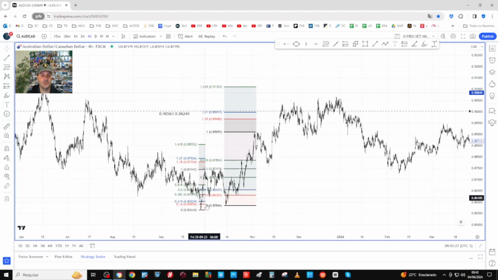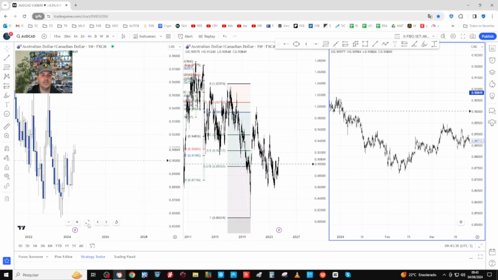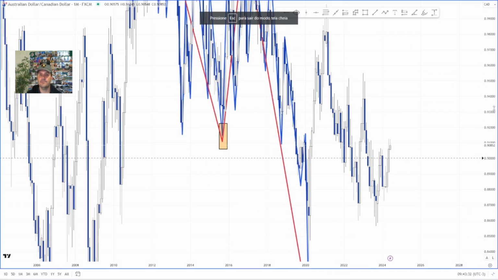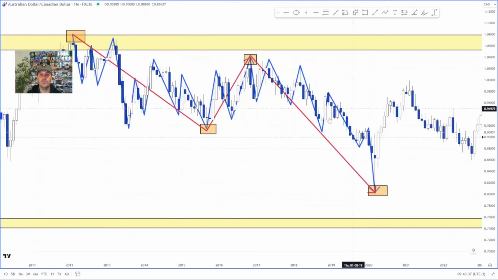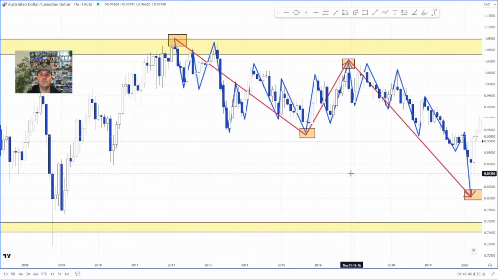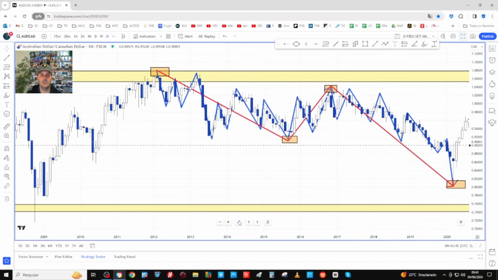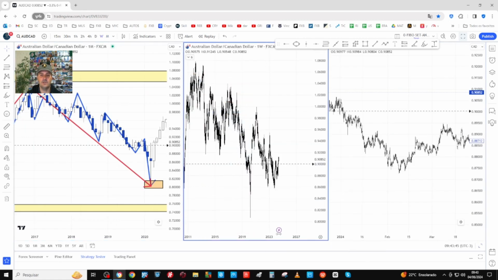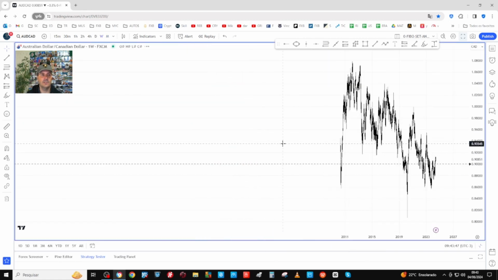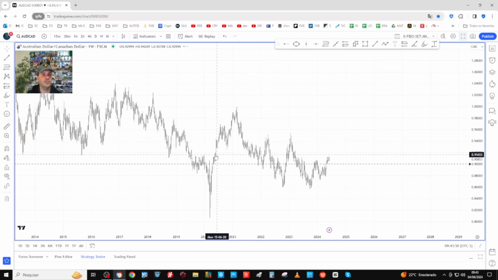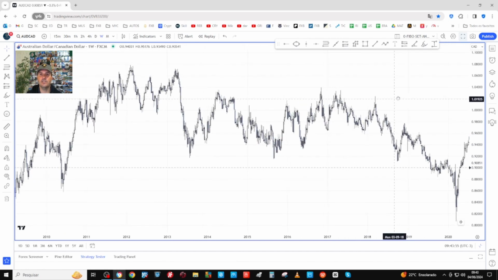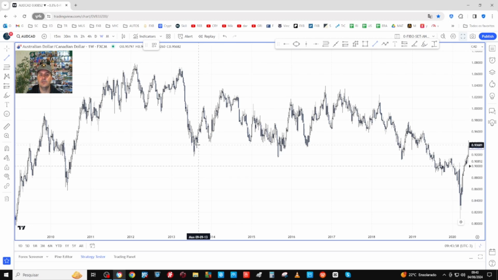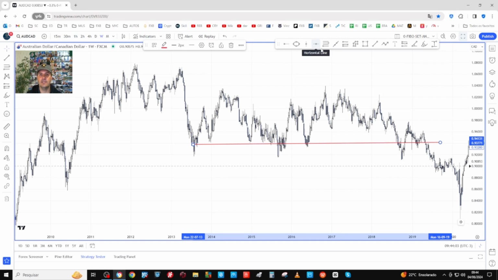AUD-CAD monthly chart, and in here, everybody, edit CAD weekly chart. Alright, so in here, everybody, on the weekly chart, this is just an example, you are going to find consolidation, something like this.